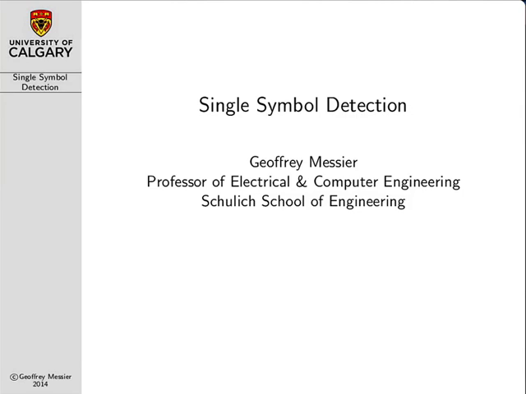A case where we add memory on purpose is when we use error correction codes, so that rather than transmitting individual information bits, we use information bits to select a code word, and then there is a relationship between the bits of those code words that we can use to improve our overall probability of error, but we have to be then making our decisions on a code word level rather than on an individual bit level.